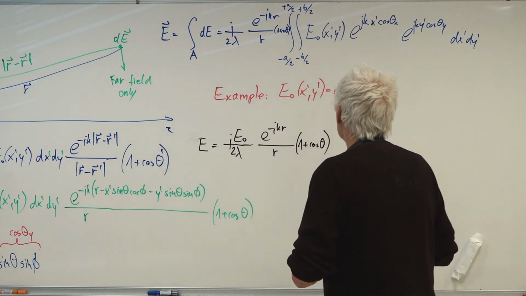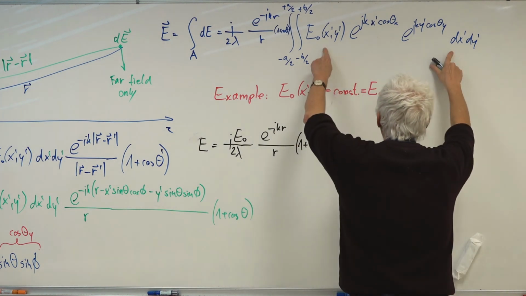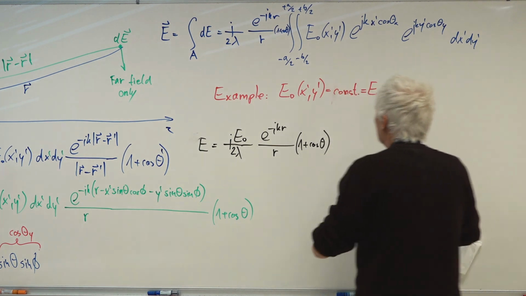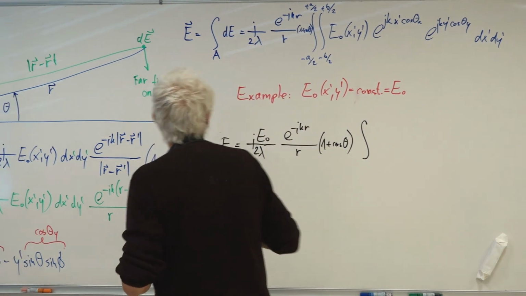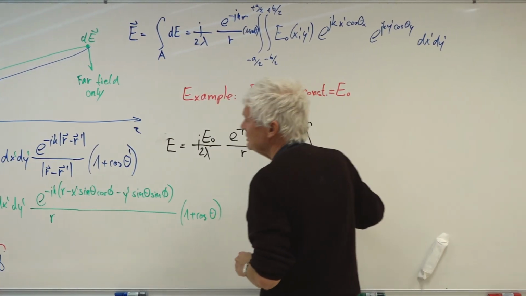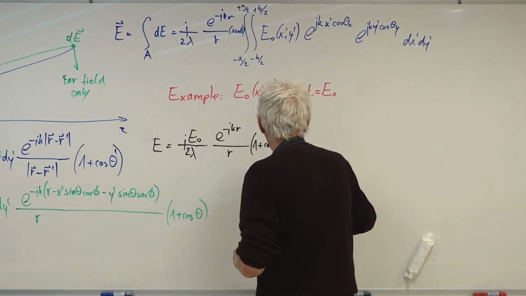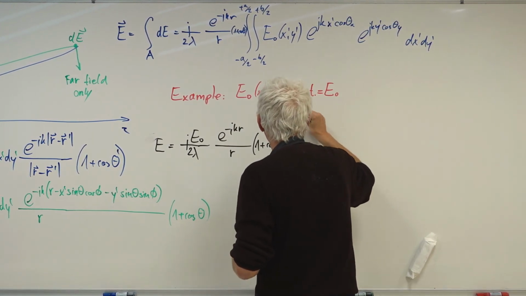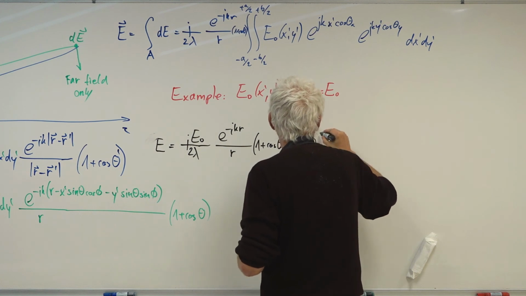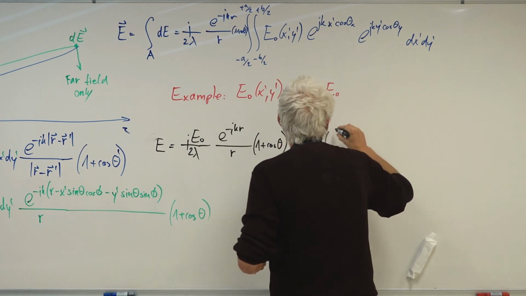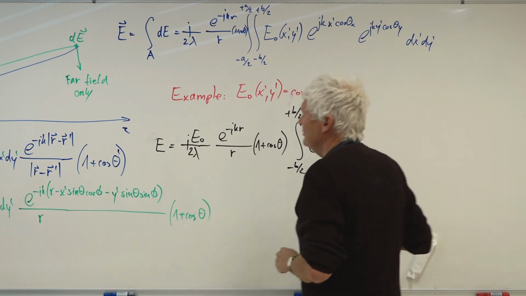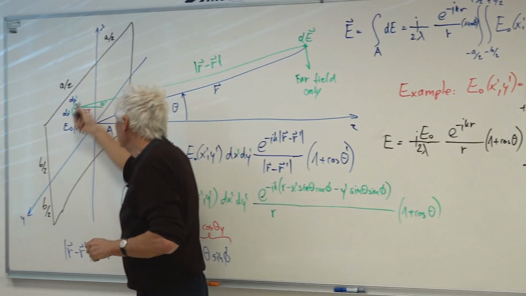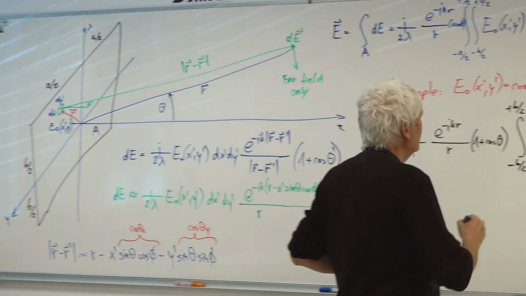And then I have two similar integrals, the integral over x prime and the integral over y prime. So I have the first integral over x prime. On x prime, I go from minus b half to plus b half, e to the jk x prime cosine theta x, because x goes from minus b half to plus b half.